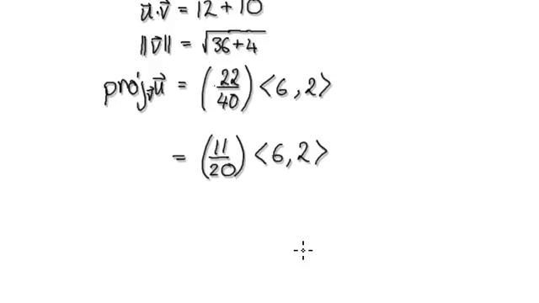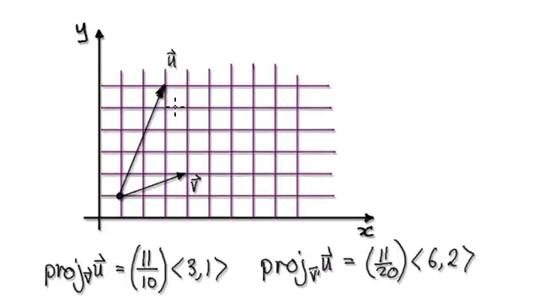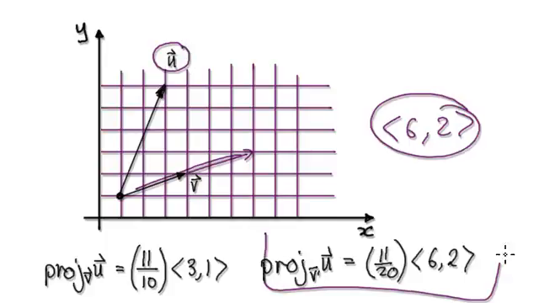Now hang on. So let me summarize. When you project u onto v, in the case of v being 3 across and 1 up, it gave us this. And then when you project it onto v, where this v here is 6, 2, it gave us this.